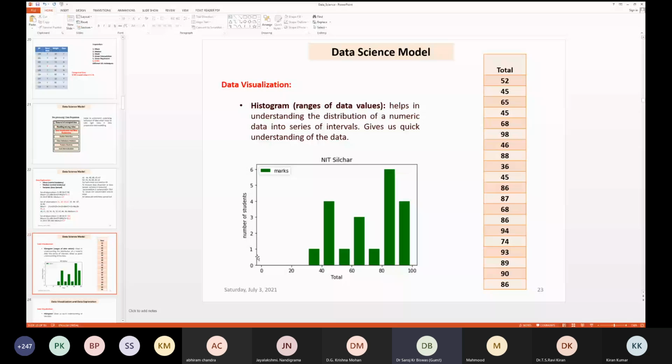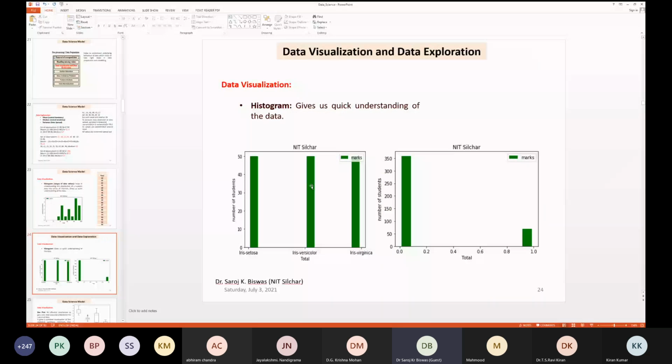Another thing is that I have taken two data sets from the UCI repository, and I made a histogram for the class levels, meaning how many observations belong to which class. This is the iris problem. In the iris problem, there are three classes: iris setosa, iris versicolor, iris virginica.